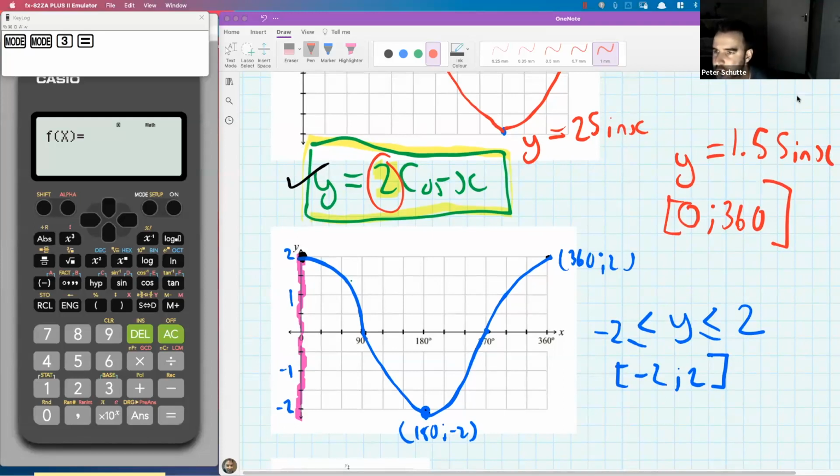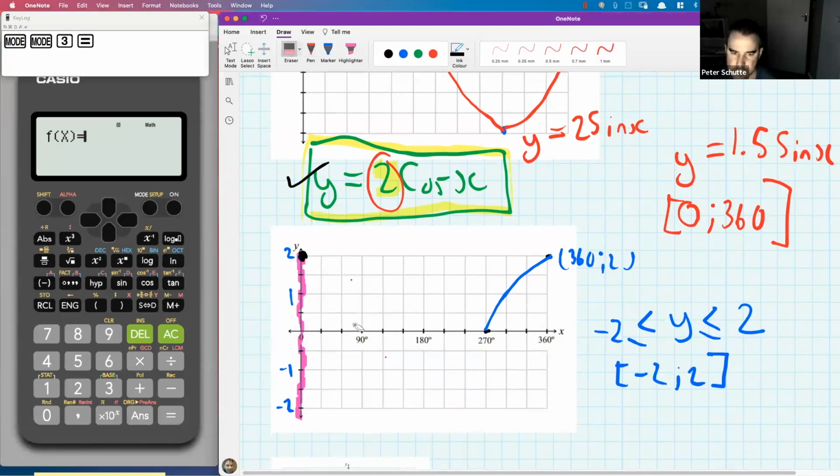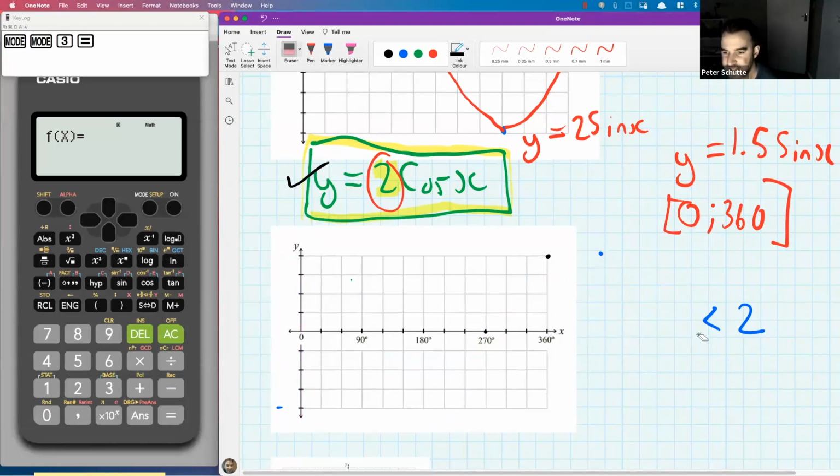Yes. What's your question? So is it possible that they won't give us the step of 90 degrees, but they might give us a step of 45 or any other one? Okay. That's going to happen when we change the period of the graph. So if we could fit a whole graph in 180, for example, like if it went like that, then we'd be talking about different step sizes.